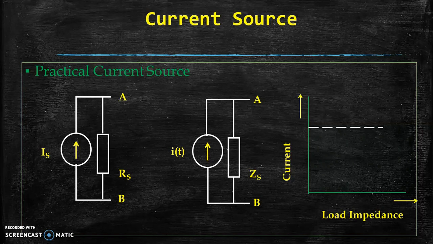But practically, current source has a certain amount of internal resistance or impedance connected across the source, and that is why practically there must be some current drop and we have a certain amount of decrease in the terminal current as load impedance increases.